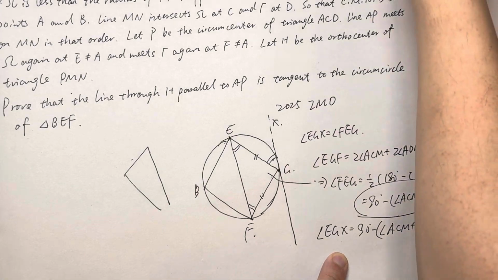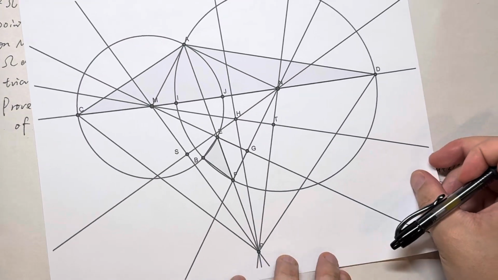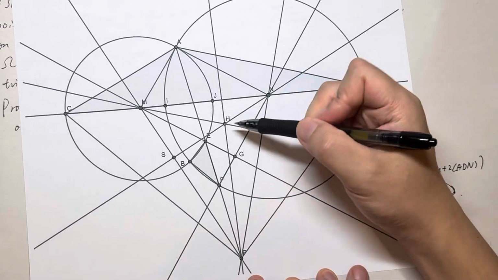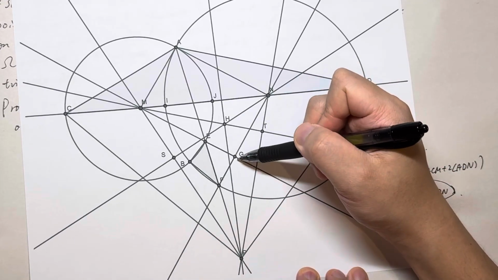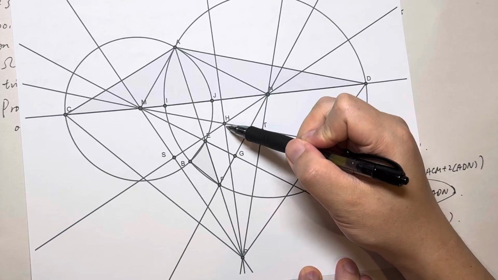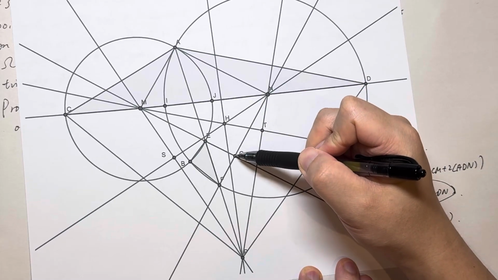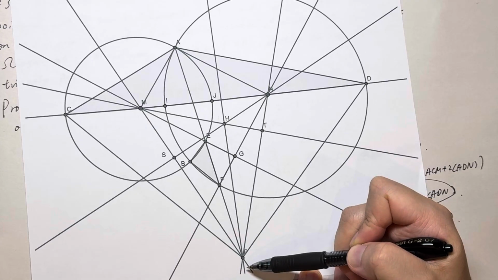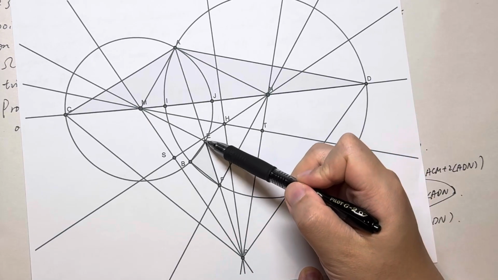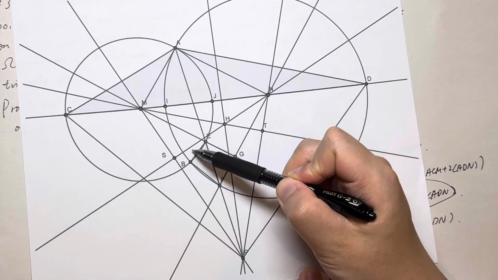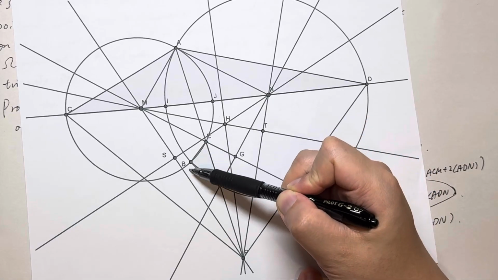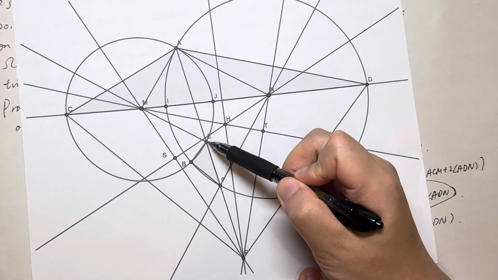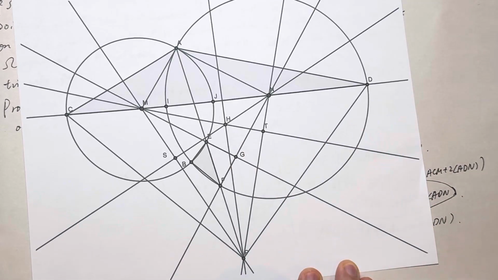So, for this problem, because we want to prove that HG is a line in parallel with AP, and also HG is a tangent line of the circumcircle of the triangle BEF, we just need to calculate the angle EGH.